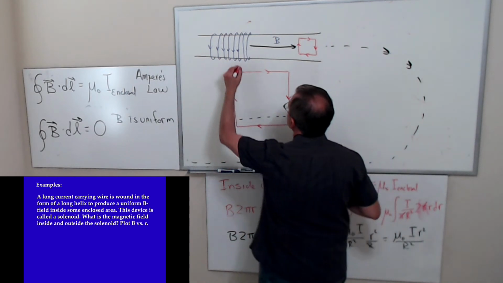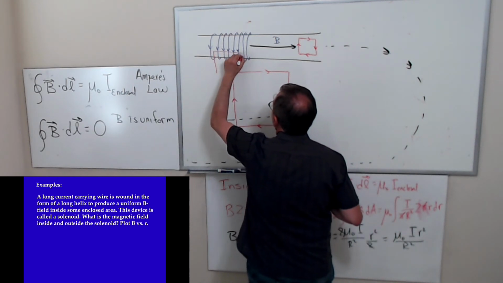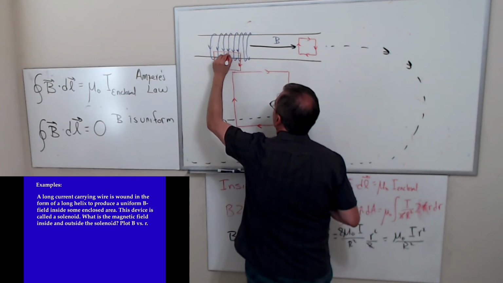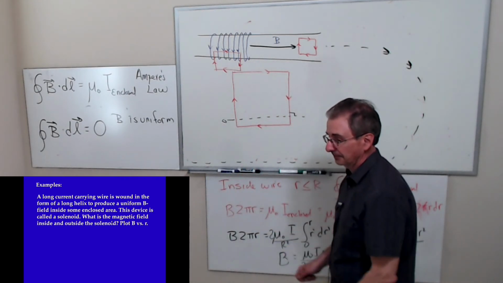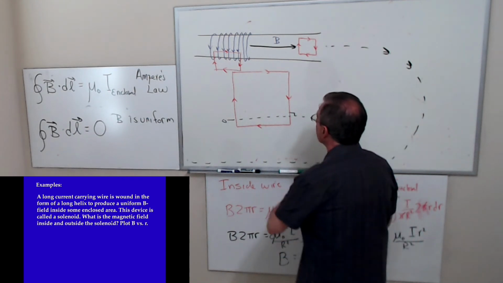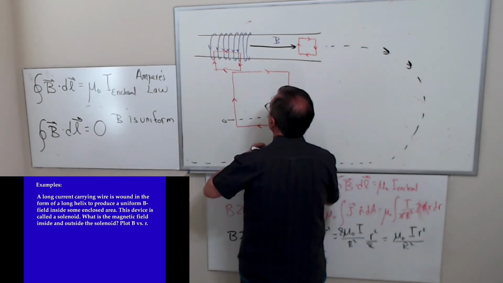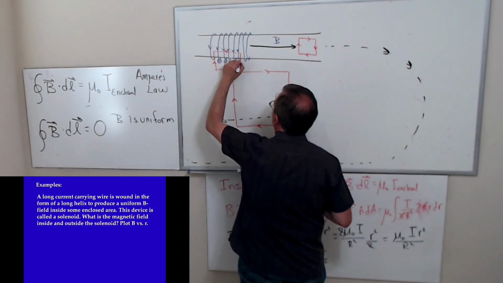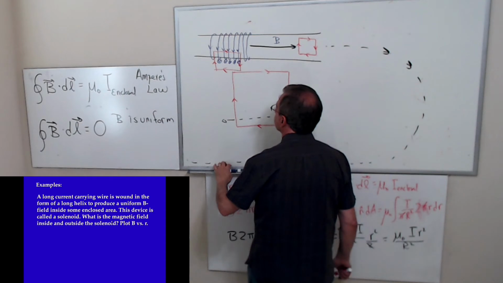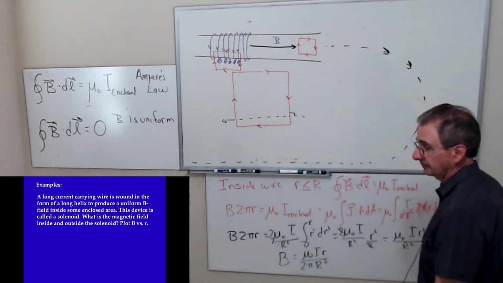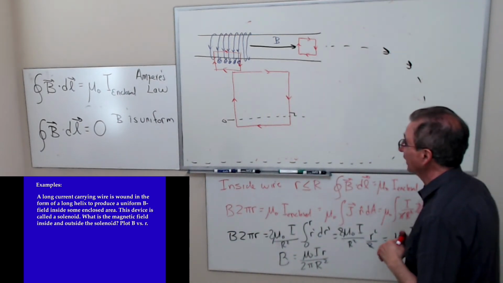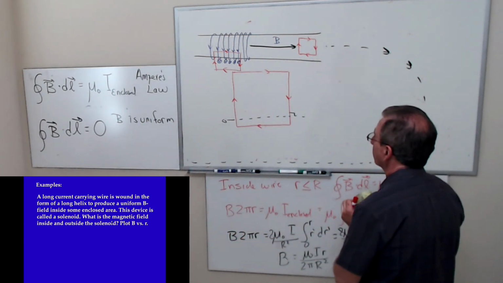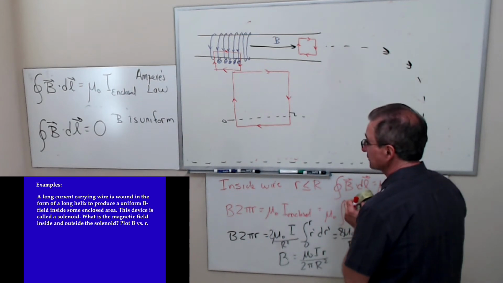How about if I choose a loop like this? Now, each one of these wires is going into the board. Now let's calculate this integral.